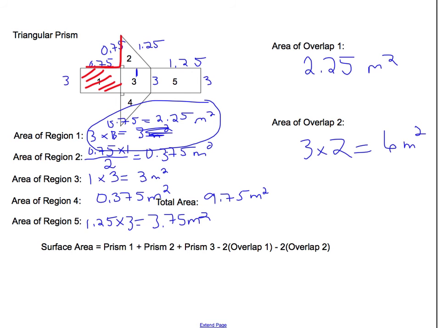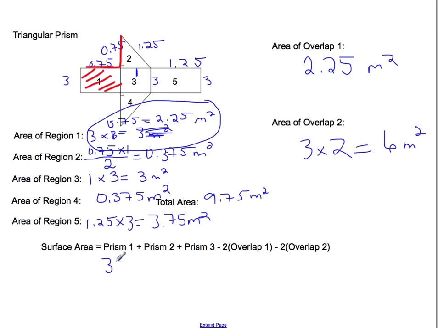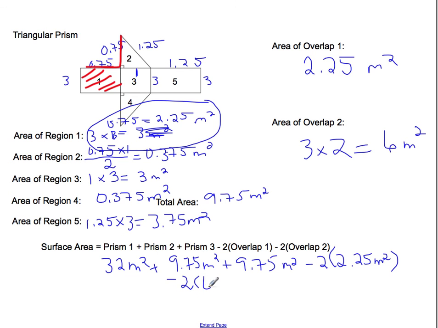Okay, so let's use our formula. We had a surface area of prism 1 of 32 meters squared, plus 9.75 meters squared, plus 9.75 meters squared, because we had 2 of those right triangular prisms, minus 2 of my overlap 1, minus 2 of my overlap 2.